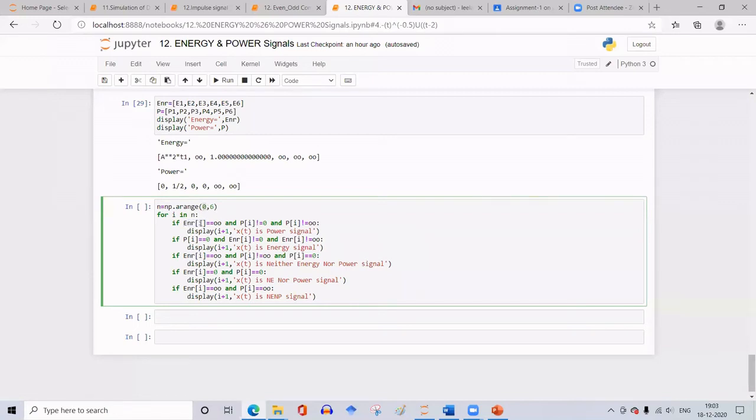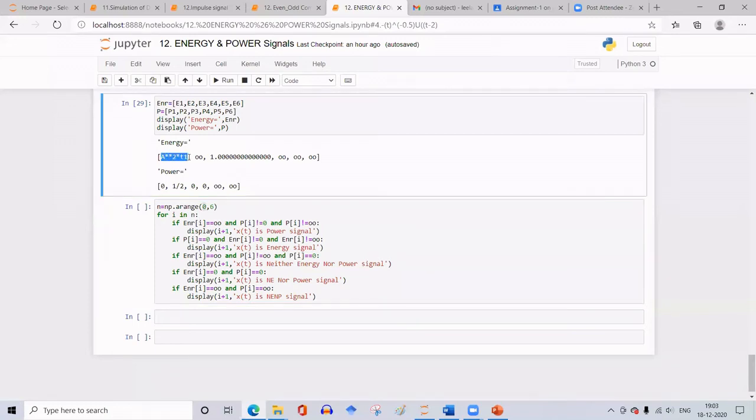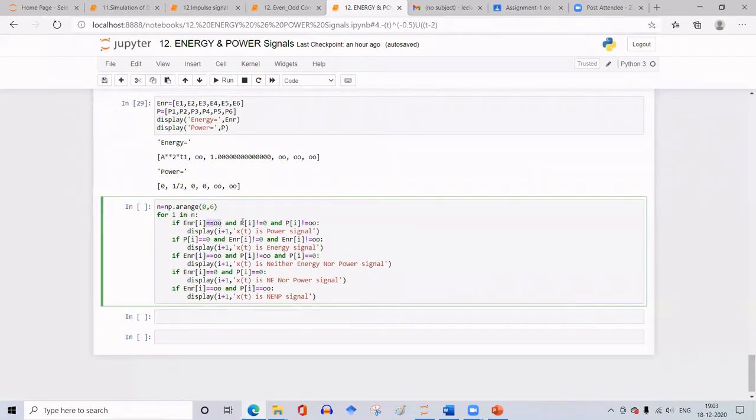ENR of 0, the 0th element in ENR, is a to the power of 2t1, and it checks whether it is equal to infinity. Then P of i, it picks from this array. It checks what condition is met. Wherever it meets that, it prints the respective display and then comes back to execute this for loop until all the elements in the n array are over, so that it tests the power and energy of all the 6 problems.